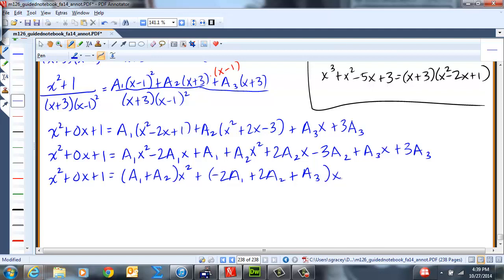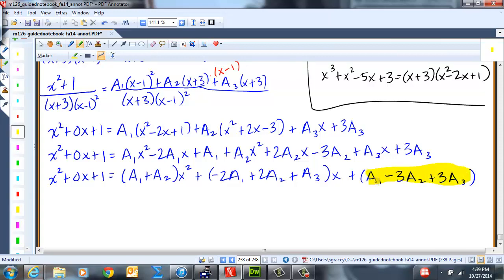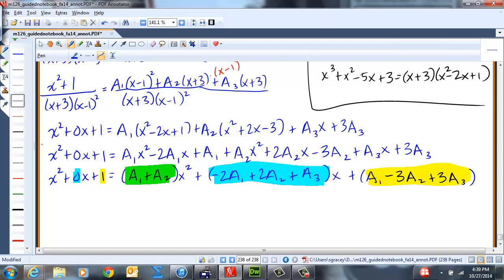And then our constants will be plus A1 minus 3A2 plus 3A3. Oh, that one was kind of a bear, huh? Okay, so our constants are going to be equal to this one. The coefficients of x are in blue, and the coefficients of x squared. Whoops, I forgot to write out the 1.